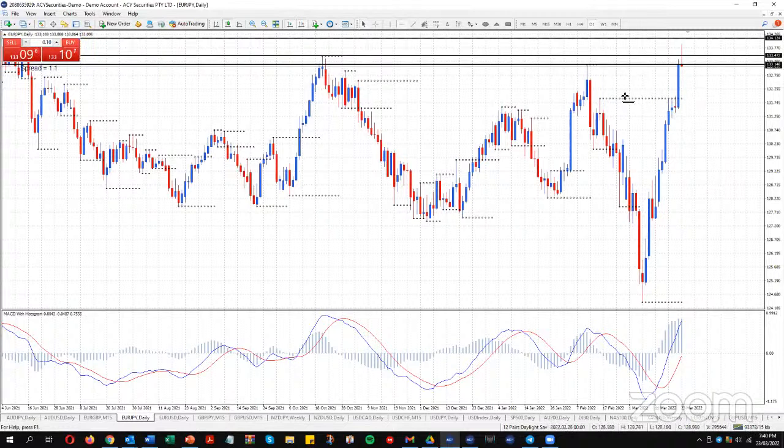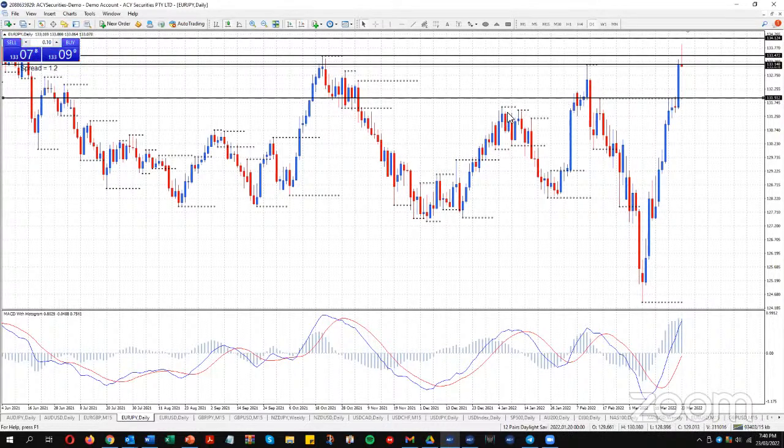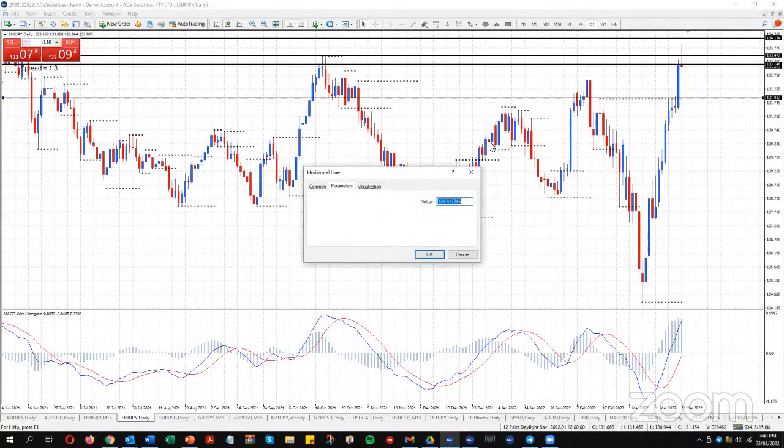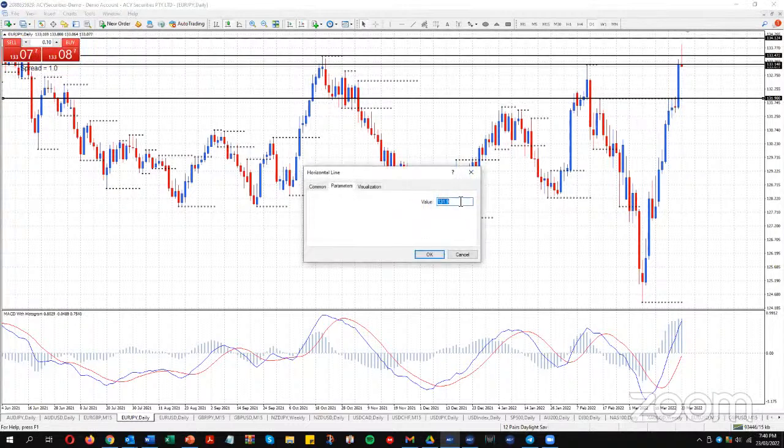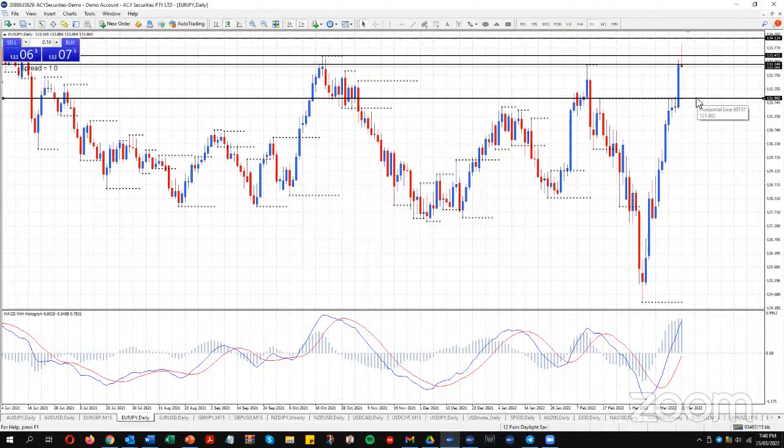We might get a short-term move, but this is in an uptrend. There's daily resistance. That was 131.90. That should be looking at support now, 131.90. All right, 131.90.02 is the exact number.